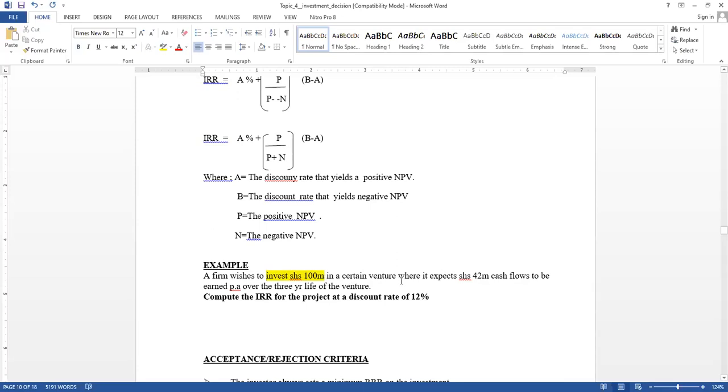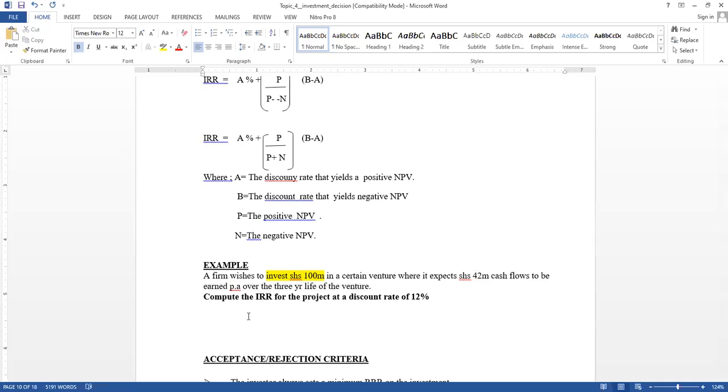Then you expect to receive cash flows of 42 million for 3 years. And this is an annuity because the cash flow stream is uniform. So the cash flow stream being uniform, I may not do it the other way. My layout now will change.